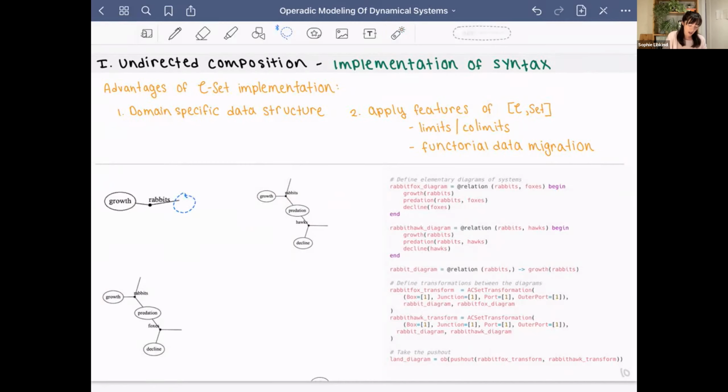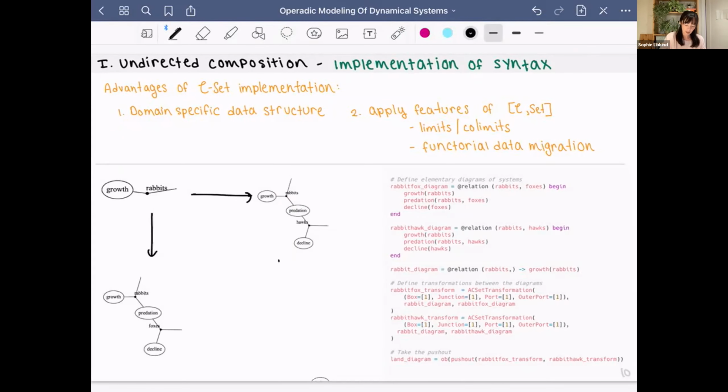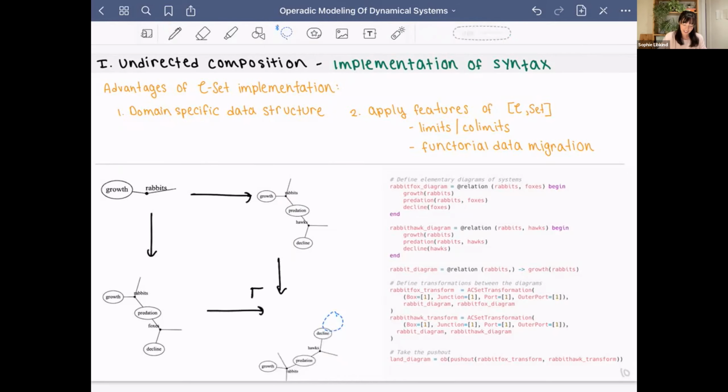So we define the diagram that's that shared piece. We create morphisms that include that shared piece into each system. And we take the pushout, and CatLab can do this, and it'll produce the undirected wiring diagram that now relates rabbits, foxes, and hawks.